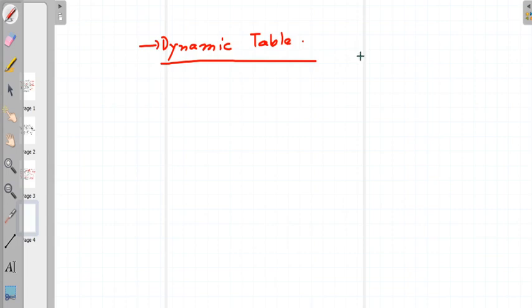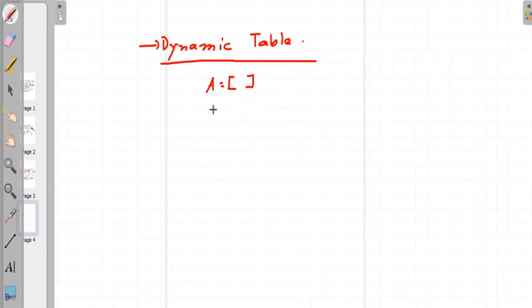In this dynamic table, what happens is whenever we are assigning an array, and we don't know a priori how many elements will be there in this array, initially we will start by initializing a two-element array, as if two elements will be coming. That means the data is coming on the fly, in an online fashion.